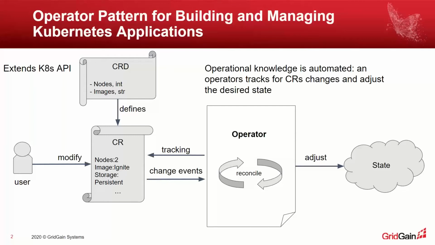So a CRD would have the following definition: a user might want to create a custom resource with the following structure. The custom resource might have a number of nodes parameter, and it's going to be an integer field. Also, a custom resource might have an image field with type string, and so on.